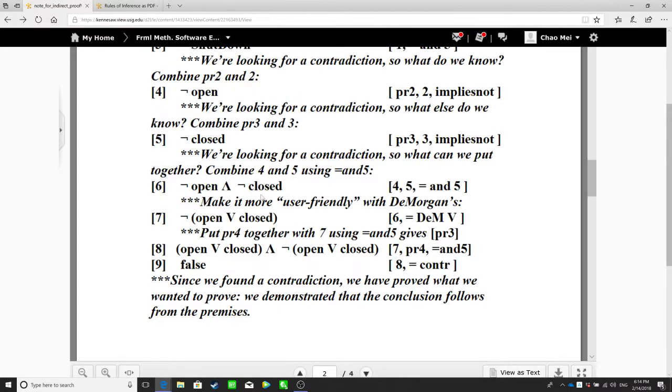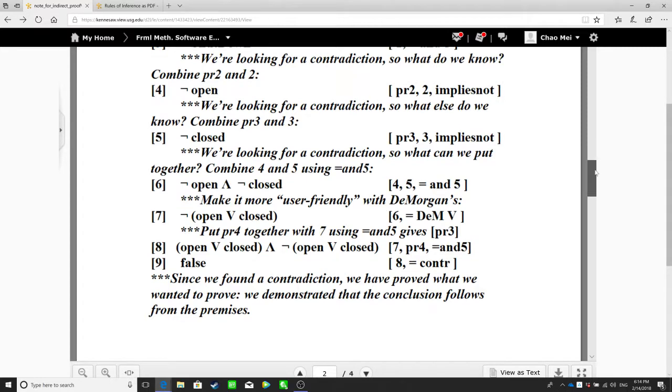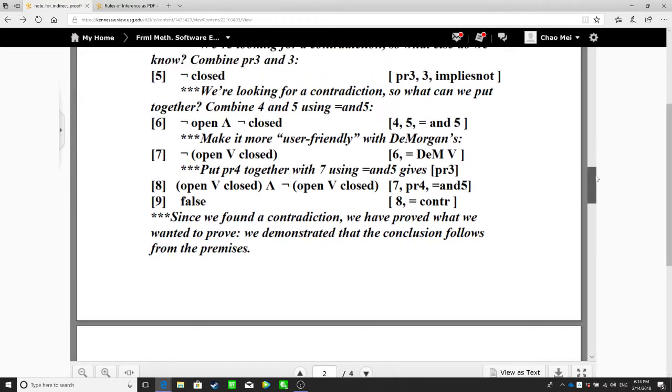So we know that negation open and negation closed. Then we take this negation thing out, and then we change from this and to this or. That's number 7.